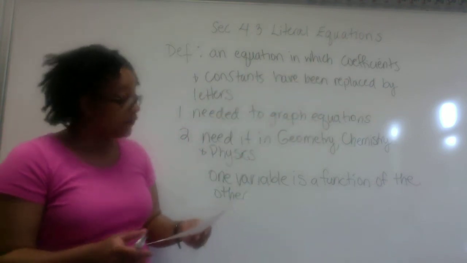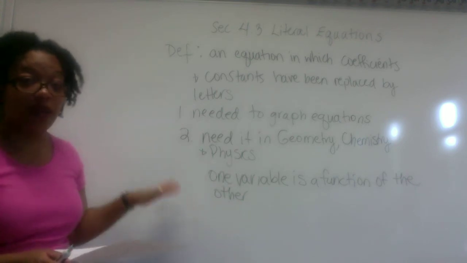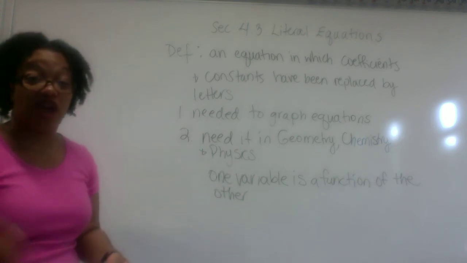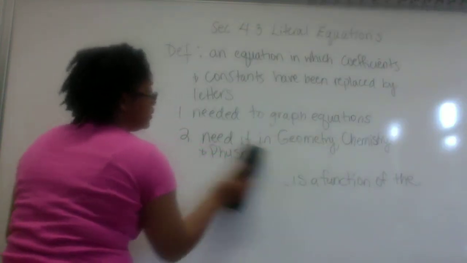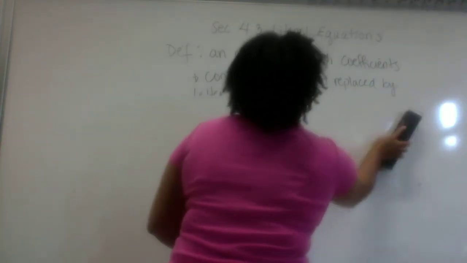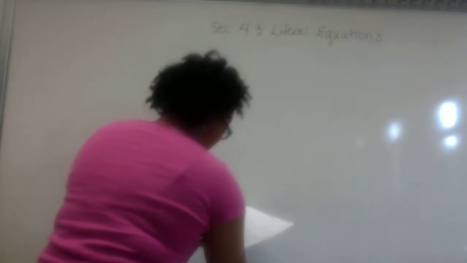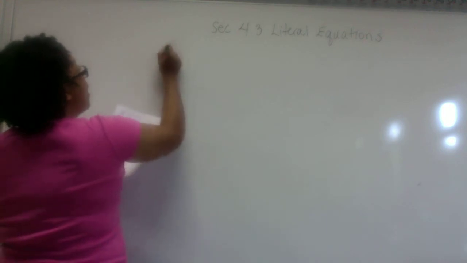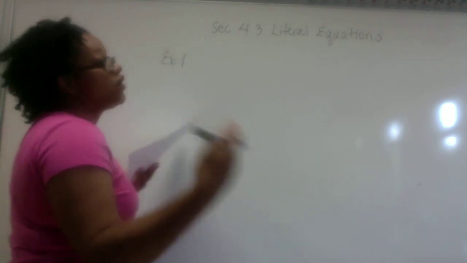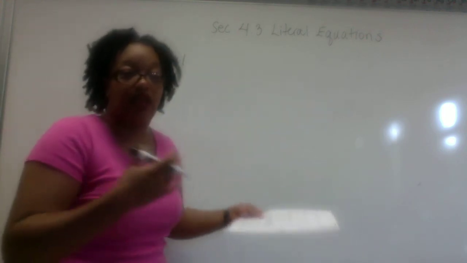Okay? So if you've gotten all this written down, I'm going to erase it, and I want us to try one of the example problems. Okay, so let's look at example 1. They're always going to tell you what variable to write the equation as.